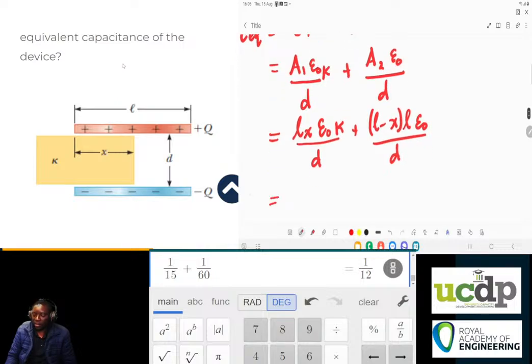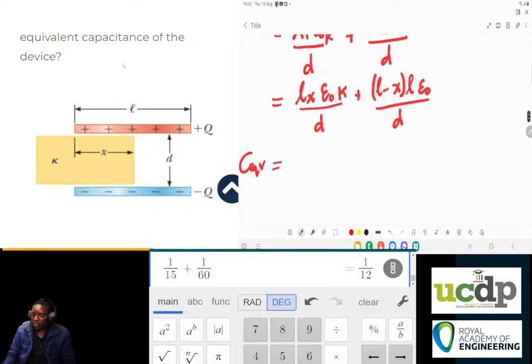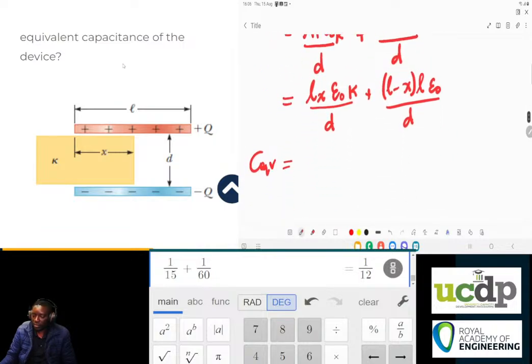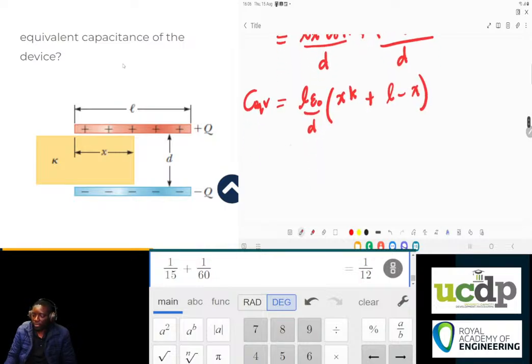So if we factor, we've got L E naught over D being common. And what do we have in brackets? XK plus L minus X. So that's L E naught over D times, in brackets, L plus X times K minus 1.